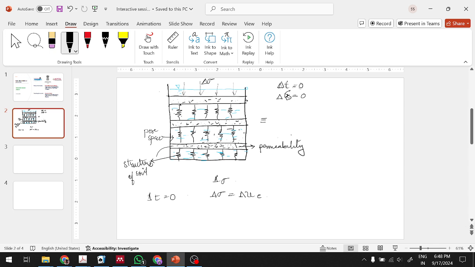Excess water pressure is in excess of the pore water pressure already being exerted by the water present. So our total pore water pressure will become U naught plus delta UE. Actually, I should write it like this.